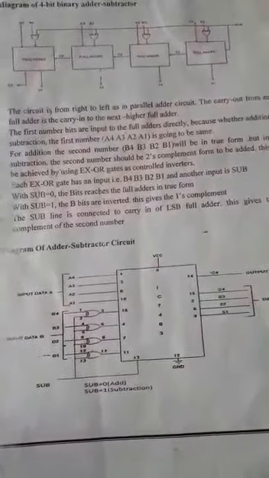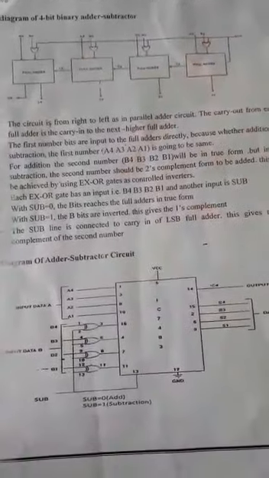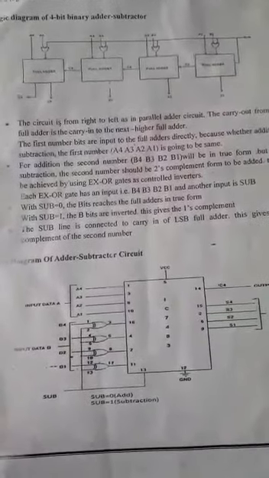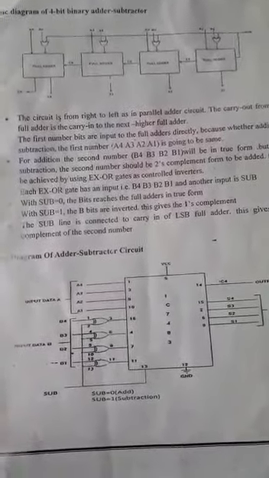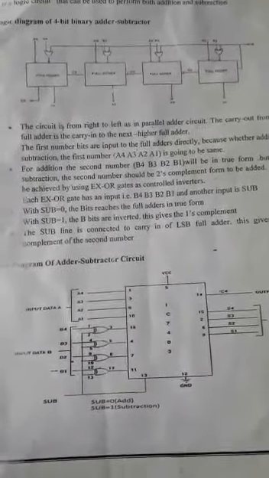If you want to perform subtraction, the first number A4, A3, A2, A1 will be in the same order, but the second number B4, B3, B2 and B1 will be in the form of 2's complement to be added.